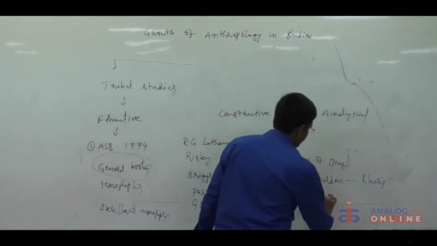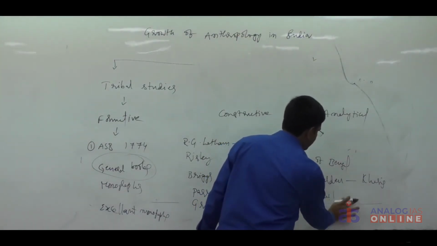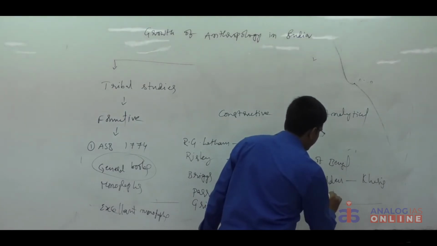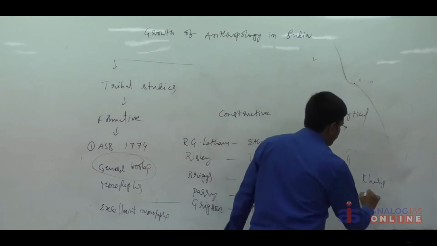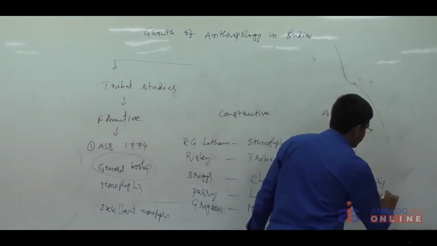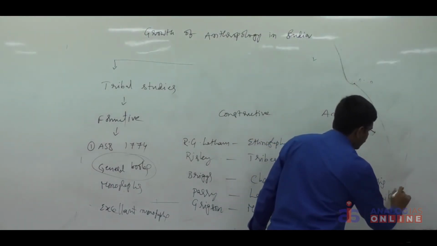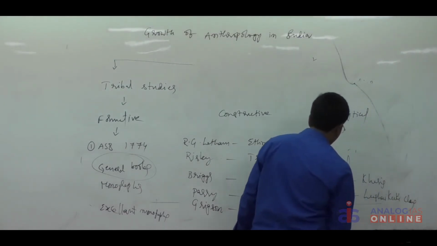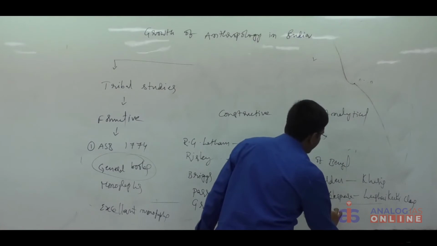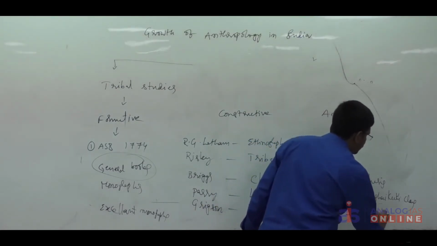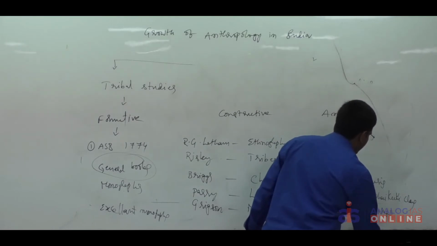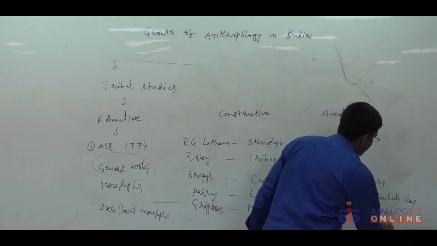And another anthropologist by name Shakespeare, he wrote a monograph on Lushai Kuki clans. And another anthropologist by name Mills, he wrote a monograph on Nagas, Lota Nagas and Rangma Nagas.